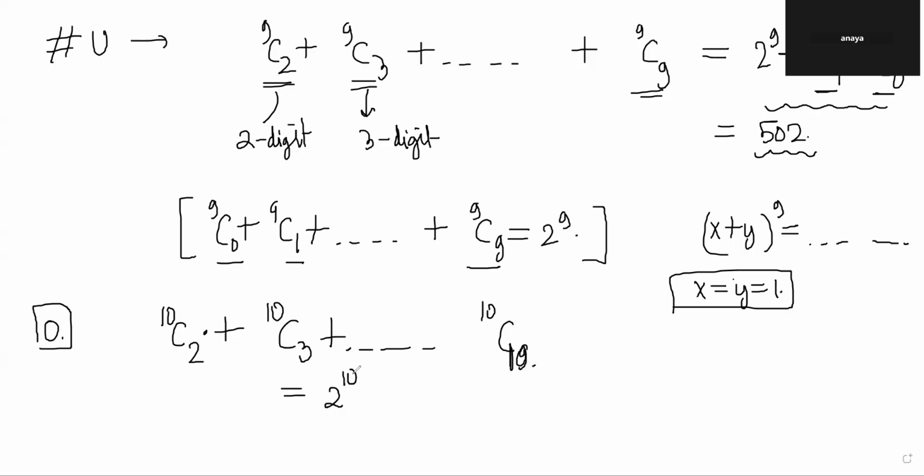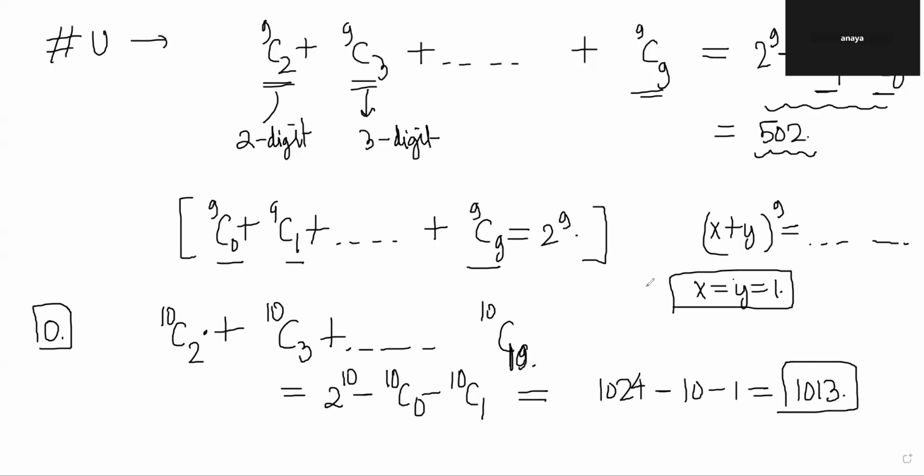It will be 2 power 10 minus 10C0 minus 10C1, right? So this becomes 1024 minus 10 minus 1, so 11. So 1013. And now you have to take the difference between down numbers and up numbers, and you can see that the difference is 511.